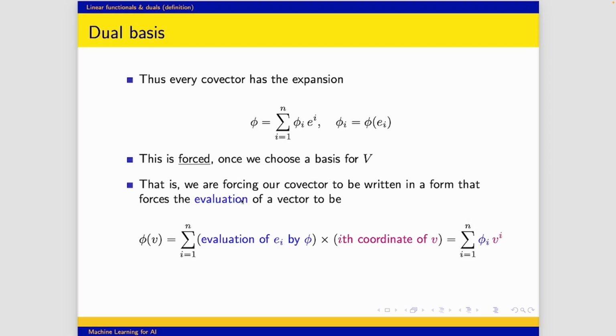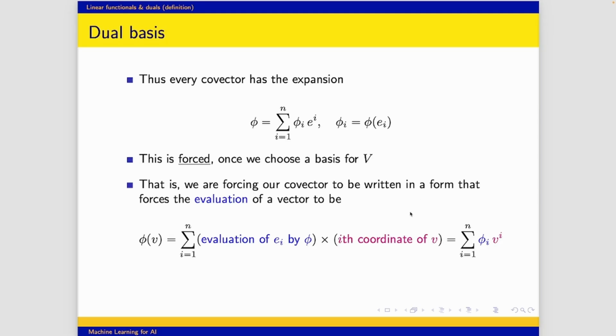That form is such that when we evaluate phi, our linear functional, on a vector V, so we actually perform this map on some vector V, it results in the sum from I equals 1 to n of phi acting on EI, times the ith coordinate VI, which is precisely this sum here.